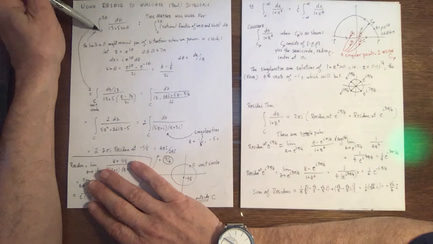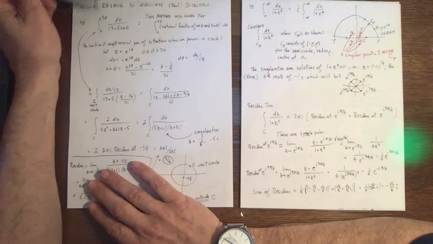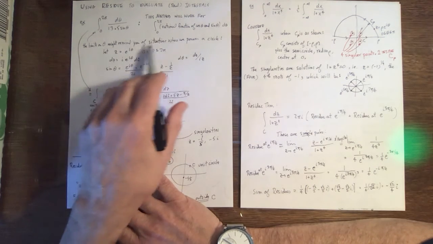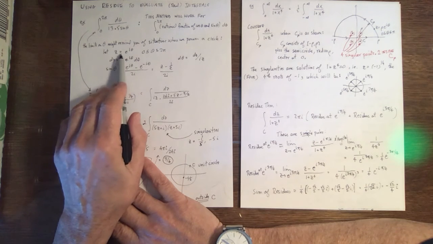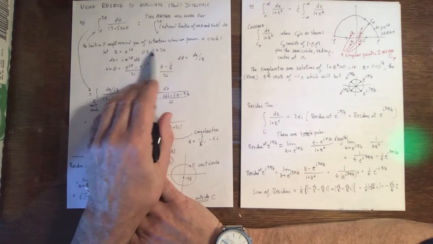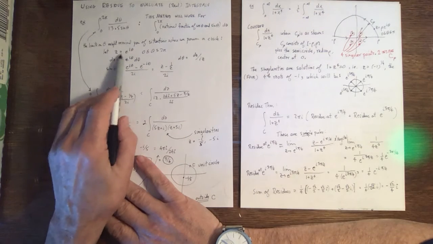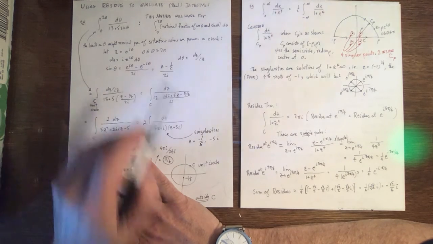Well, this integral, the limits and the d theta, remind you of a few times in the past where we've parameterized a circle, z equals e to the i theta. So here's the unit circle. z equals e to the i theta running from 0 to 2 pi, and dz is i e to the i theta d theta.